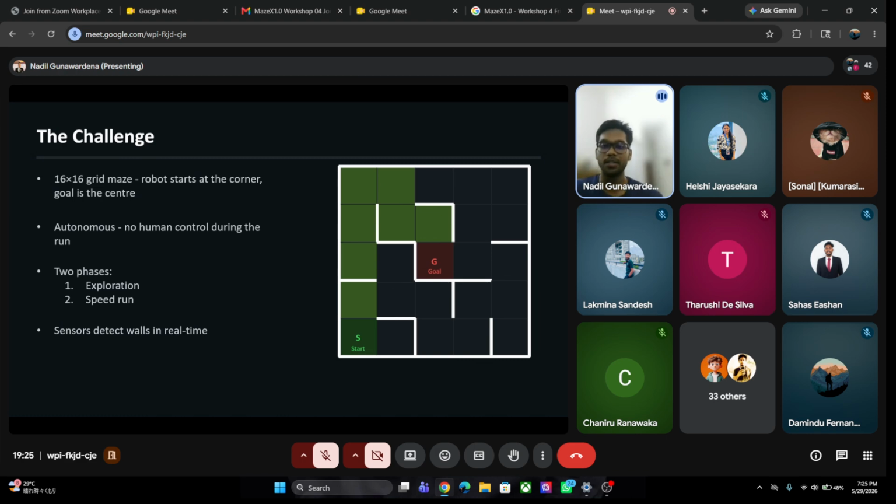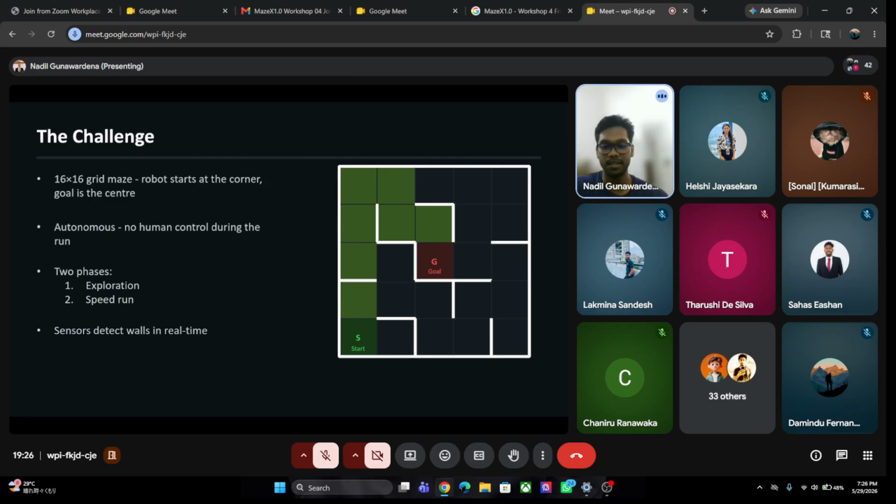This is mainly done because of the competitiveness of the competition. At first, what the mouse is doing is exploration. It explores the maze, gets an idea where the walls are, how to navigate through it, and it saves the map of the maze.